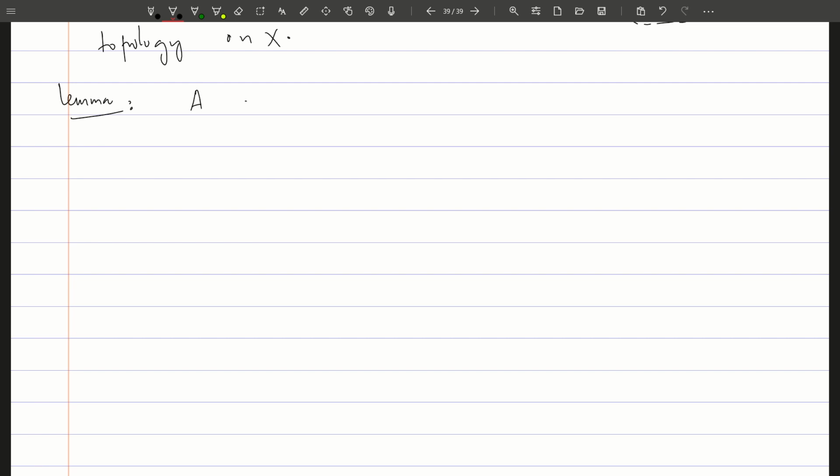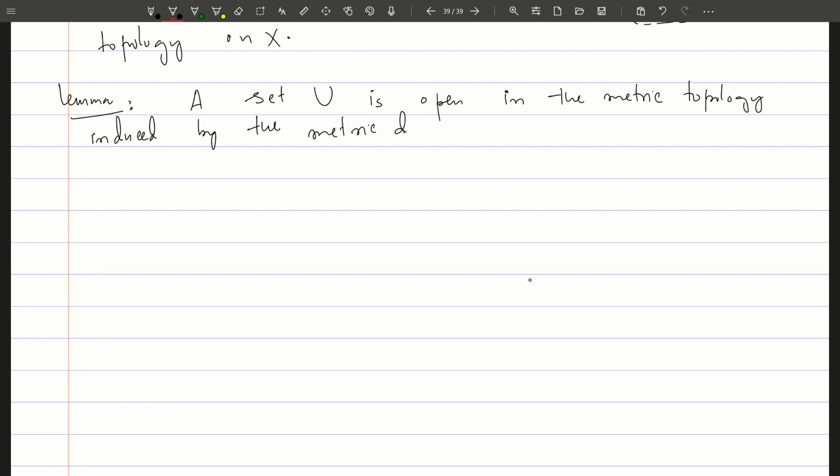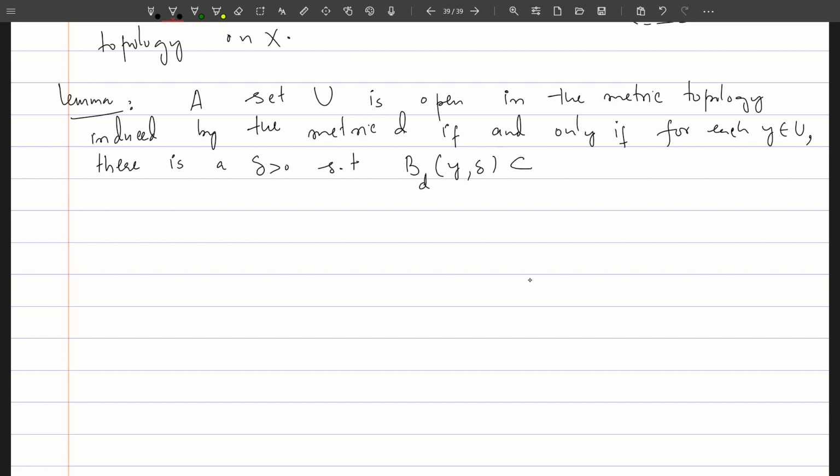A set U is open in the metric topology induced by the metric, say D, if and only if for each y in U there is a positive delta such that the ball centered at y and radius delta, which is induced by the metric D, is inside U.